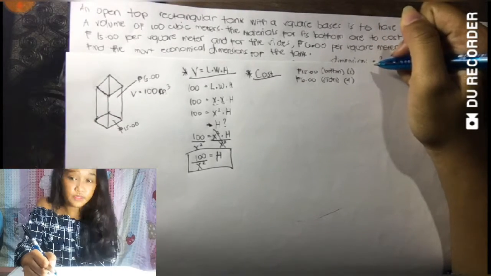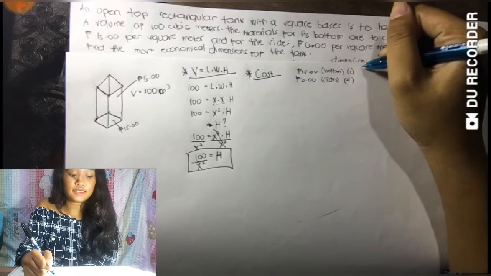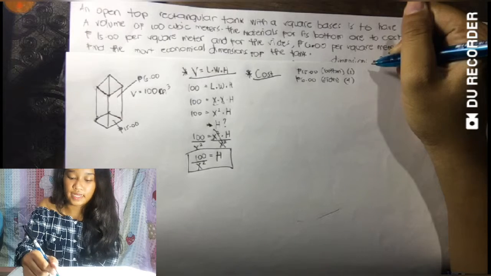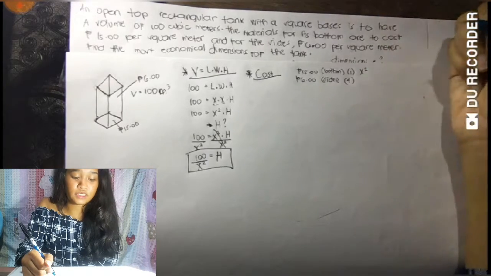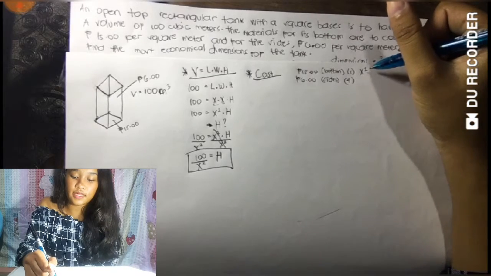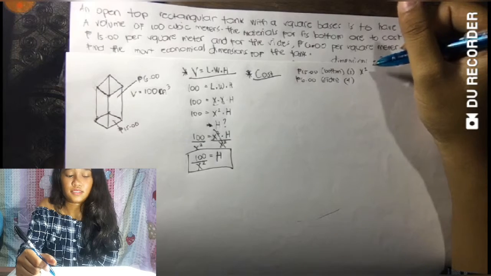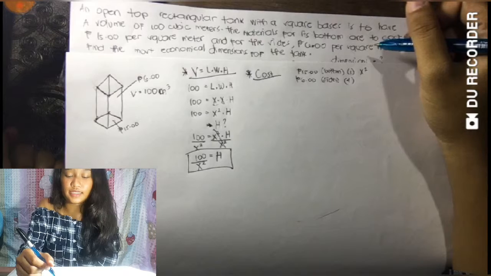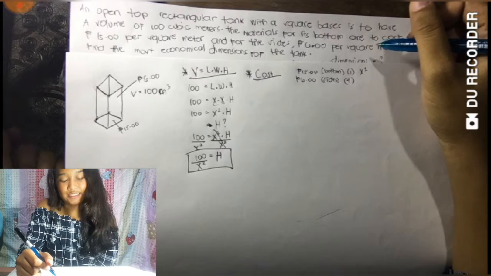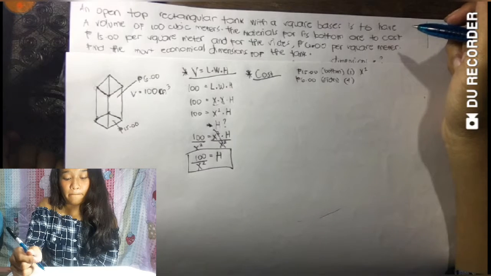And now, the bottom. Since our bottom is a square, how to get the area of a square? We have s squared, or side times side. And since our length and width were represented by x, you can just write x squared right here. Or you can simply say that it is a side squared. And next one is for the sides, which is 6 pesos.